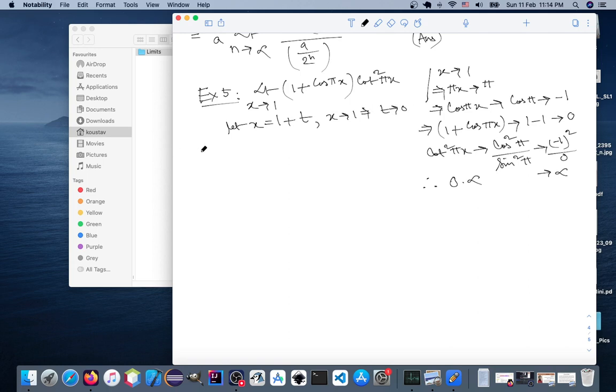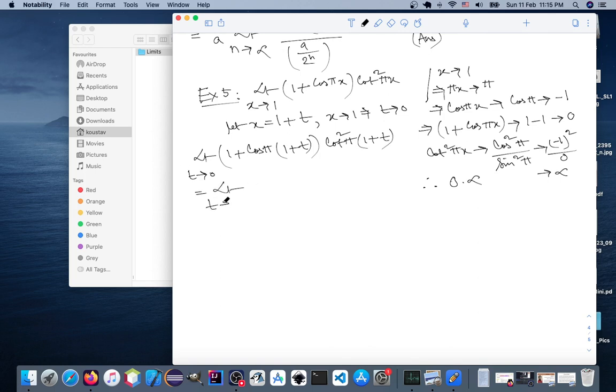So the limit becomes t tending to 0, 1 plus cos pi times 1 plus t and cot square pi times 1 plus t.